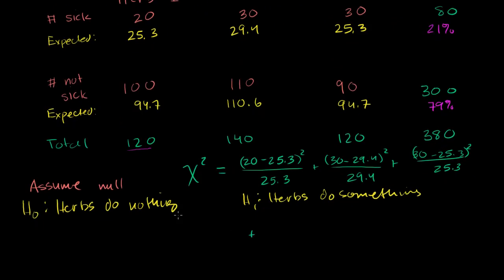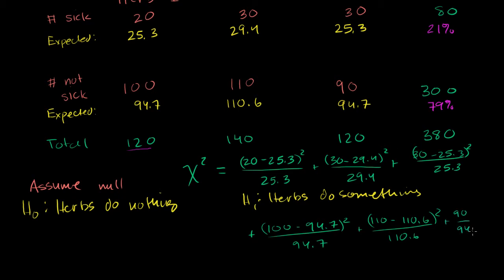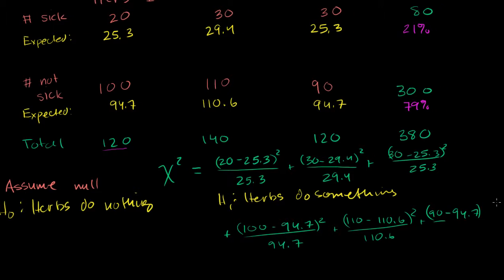So plus 100 minus 94.7 squared over 94.7, plus, I think you see where this is going, 110 minus 110.6 squared over 110.6. And then finally, plus 90 minus 94.7, let me scroll to the right a little bit, squared, all of that over 94.7.